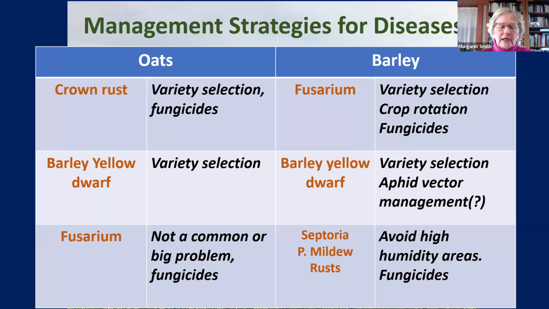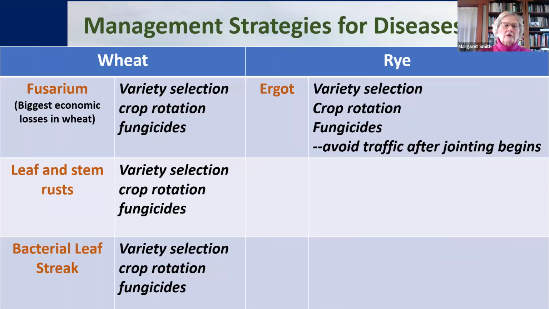So fungicides are a strategy, but that's tough because there's not a lot of breeding effort that goes into resistance for fusarium in oats. With barley, other strategies besides just fungicide, let's say at Feekes 10.5 or heading, crop rotation is extremely important, as well as variety selection. For wheat, crop rotation is I would say the top strategy.